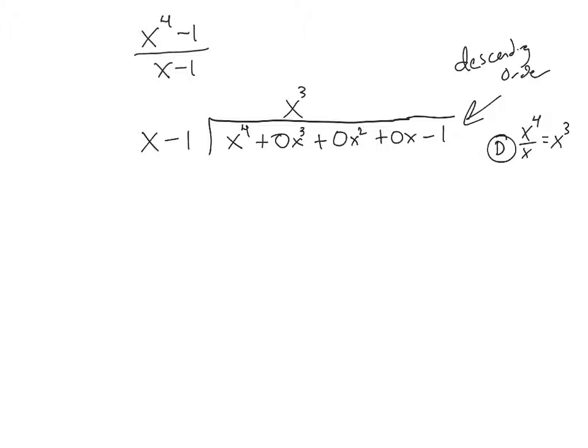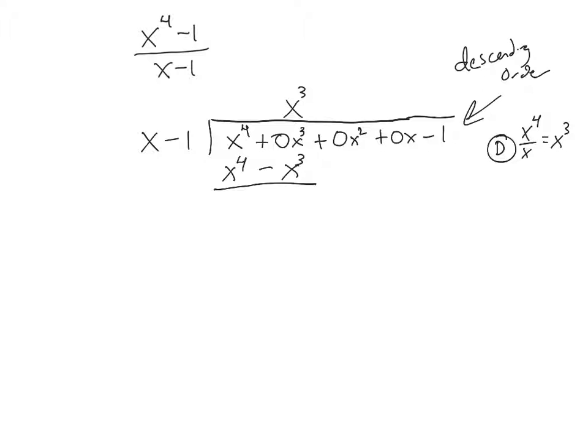Now that we divided, what do we do with that x cubed? Good, you're getting the hang of it. You distribute that x cubed. We're going to multiply it. So x cubed times x gives us x to the 4th. x cubed times negative 1 is minus x cubed. All right, let me get rid of some things for my next step.